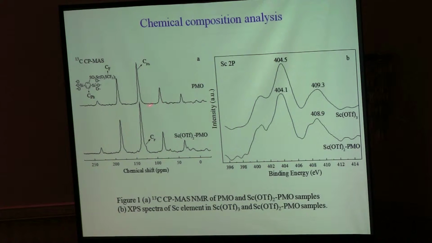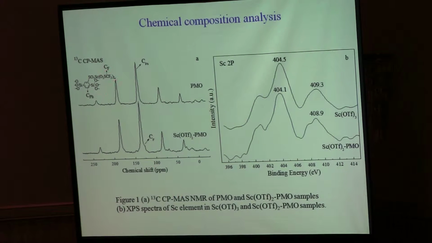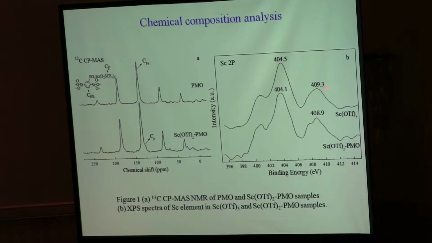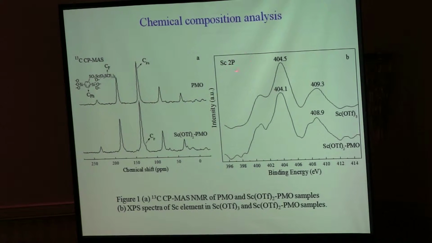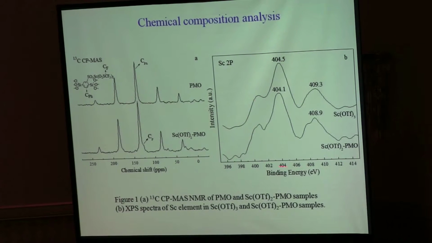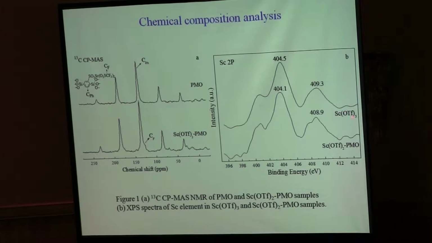First, we use solid NMR. Compared with the benzene-bridged PMO, you can see for the carbon there are some new peaks. This means the triflate carbon in this group. Also in XPS, you can find the scandium metal. These active sites could be found in our catalyst. And you can compare with the homogeneous catalyst scandium triflate.